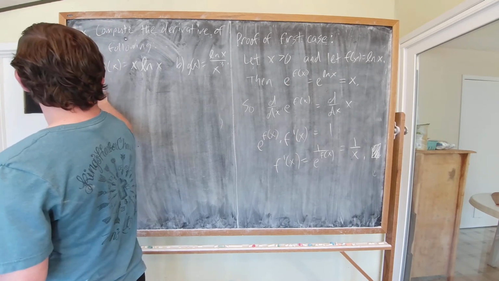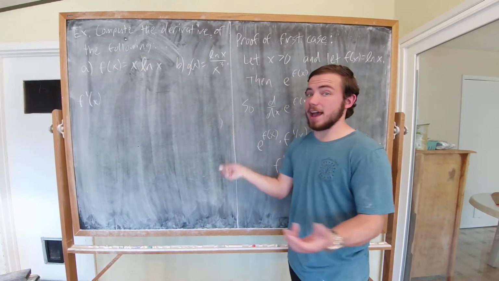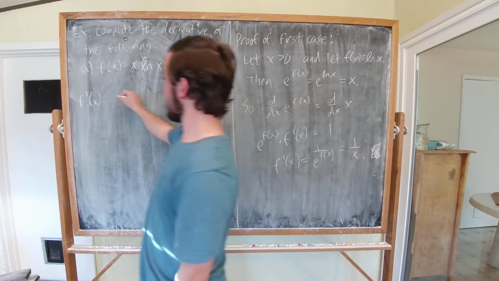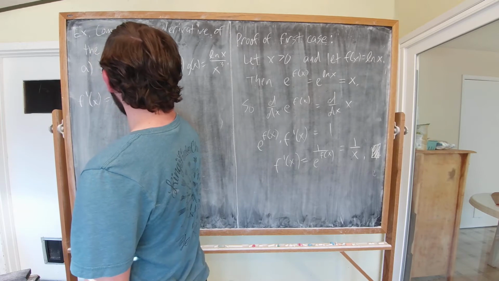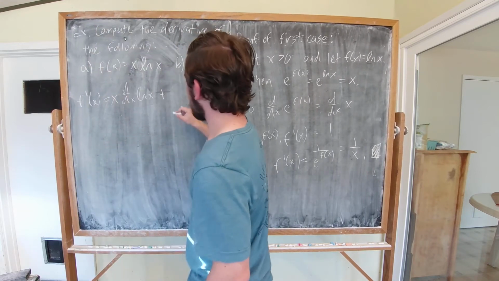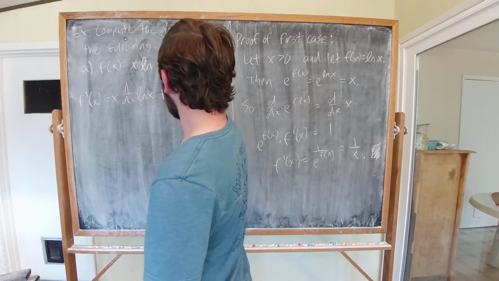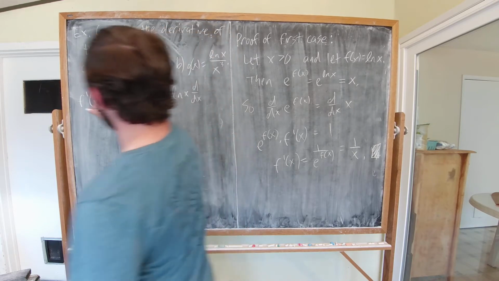Alright, welcome back. Hopefully you've given those a good try. F prime of x. I see that we're multiplying two things together, meaning, hey, we need to use the product rule. So the first one times the derivative of the second plus the second one times the derivative of the first.